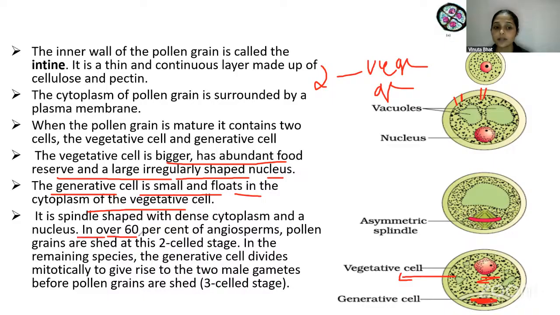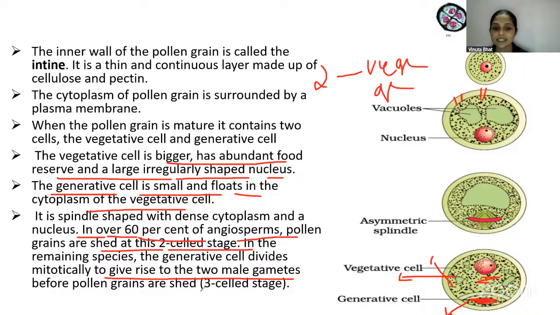In over 60% of angiosperms, pollen grains are shed at the two-cell stage, that is, the vegetative cell and the generative cell. And in the remaining 40%, the generative cell divides mitotically and gives rise to the three-celled stage, where the male gametes are formed before the release of the pollen grain.